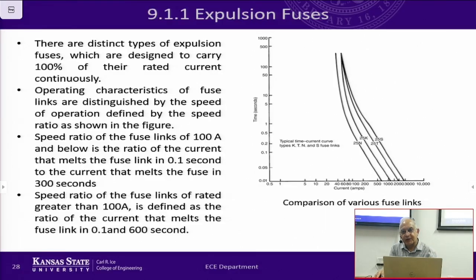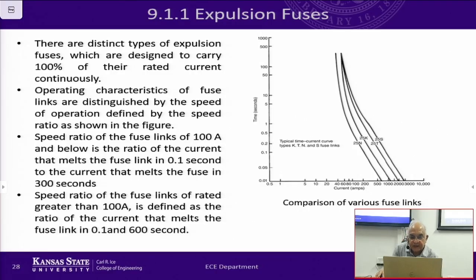So the difference between them is that 25N is a faster fuse, because for the same current, like this is 50 amps right here.